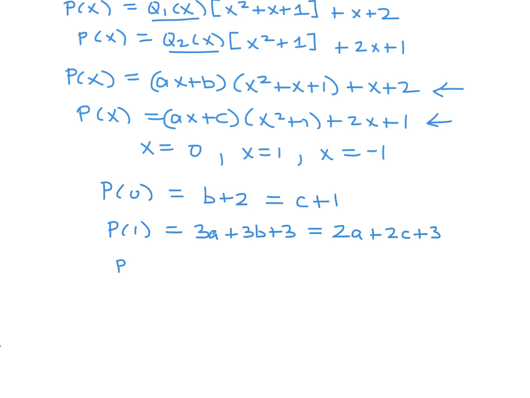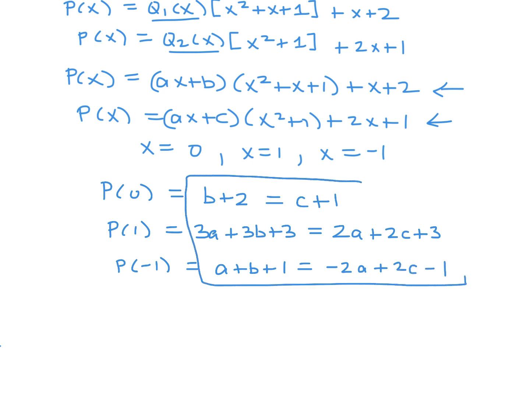And P of negative 1 gives a plus b plus 1, which is the same as minus 2a plus 2c minus 1. So now we've got this system of 3 equations with 3 variables, and that is pretty straightforward to solve. When you do, you get a equals 1, b equals 1, and c equals 2.